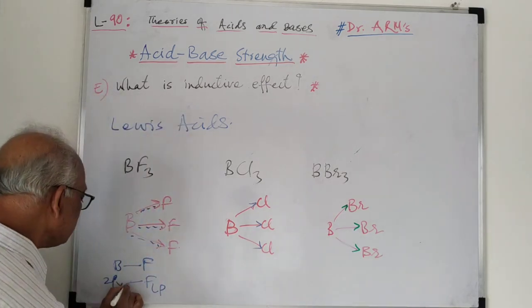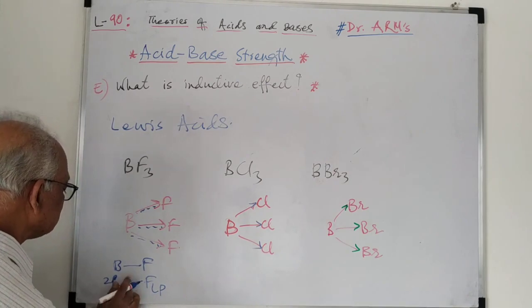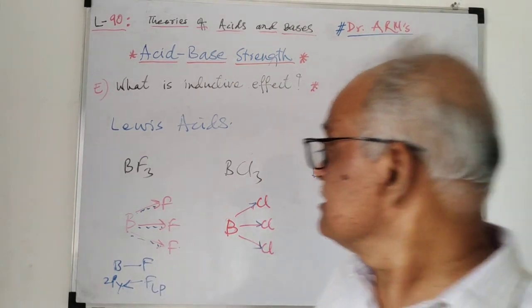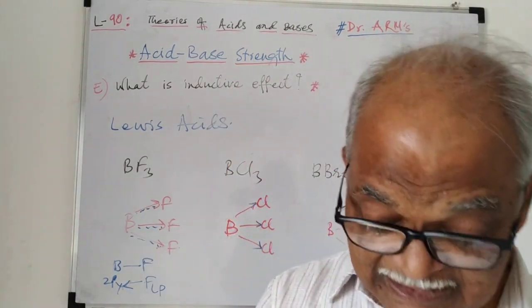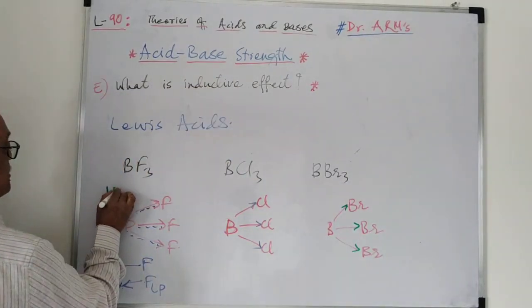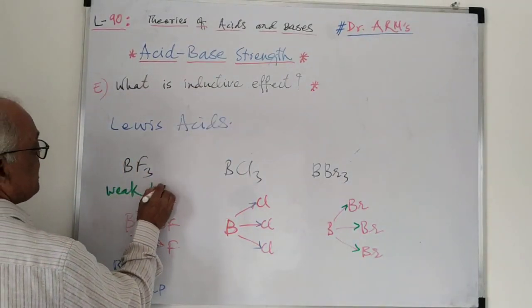So they are showing back bonding. Because of this, BF3 becomes a weaker Lewis acid.